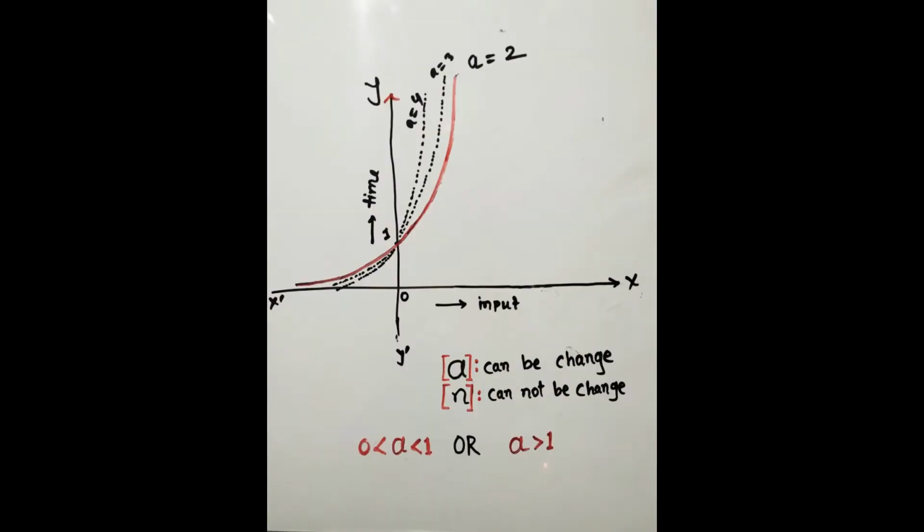We know the expression of the exponential, a to the power n. Here, a is the base constant, n is the input size, and we know that n cannot be changed, a can be changed. But the important thing is how to solve the NP problem in polynomial time.